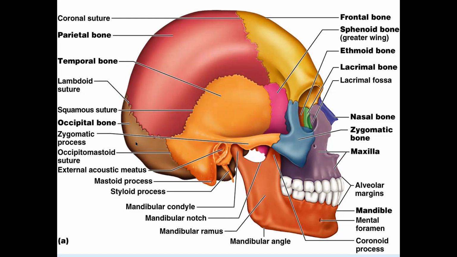So the parietal bone is very busy, right? It's suturing all over the place. The suture between the parietal and the occipital bone is called the lambdoid suture. All right? So remember, occipital, head back, between the occipital and the parietal, lambdoid. Okay?